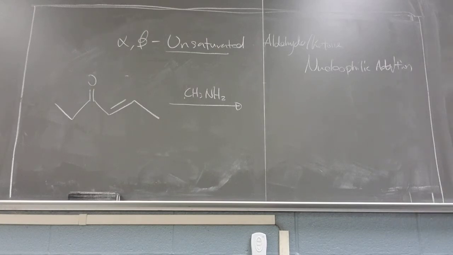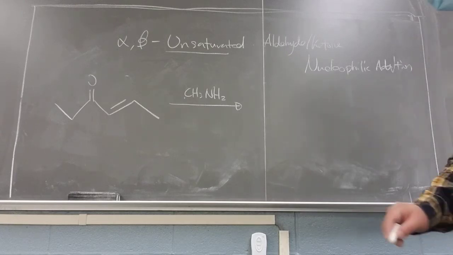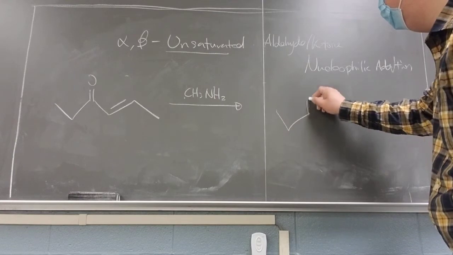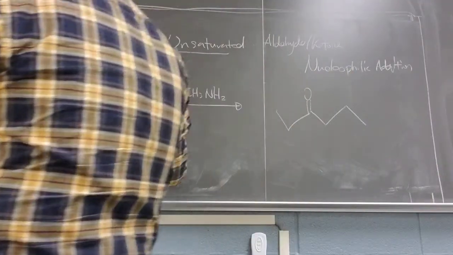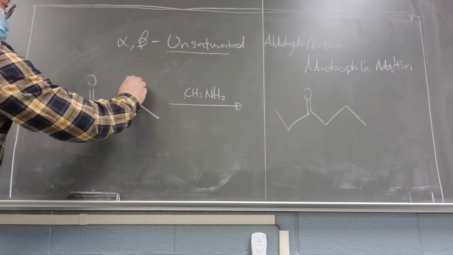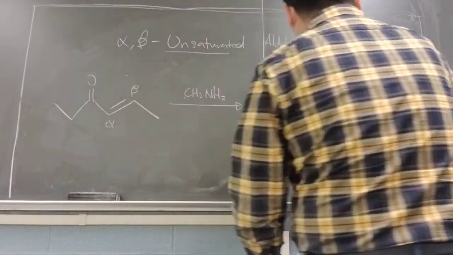Here, about 30 seconds. Okay, so yeah, if you do this one here, and then you're gonna have, this is where you have alpha and beta position, right? So I'm gonna do.